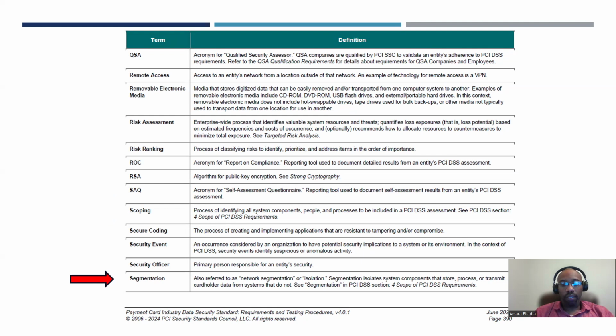Scoping is a process of identifying all the system components, people, and processes within PCI. Segmentation is just the isolation of components that store, process, and transmit cardholder data from the systems that do not.